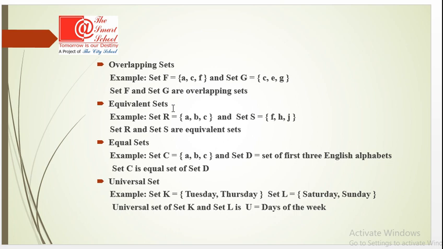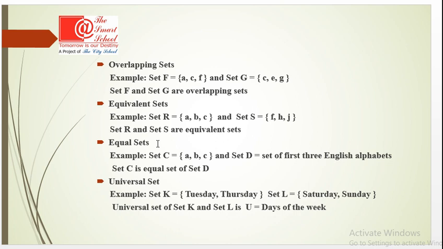Now equivalent sets. Equivalent sets have the same number of elements in them, but the elements are different. For example, set R has A, B, C and set S has F, H and J. Both the sets have 3 elements in them, but they are different elements. So we can say set R and set S are equivalent sets. Now equal sets.